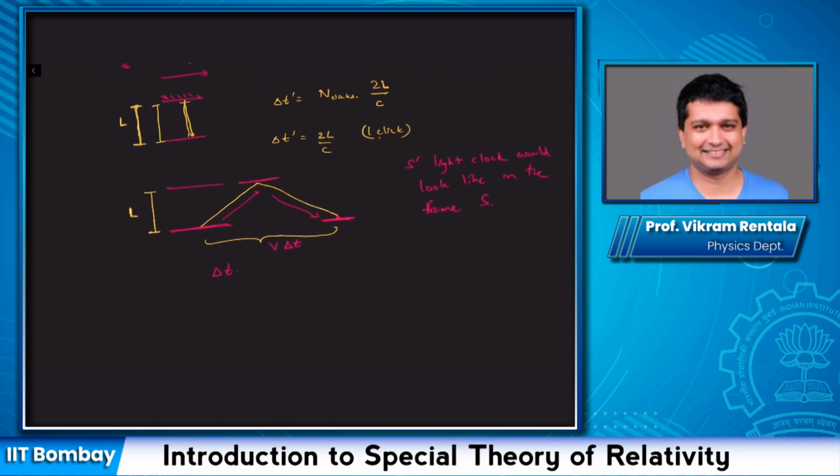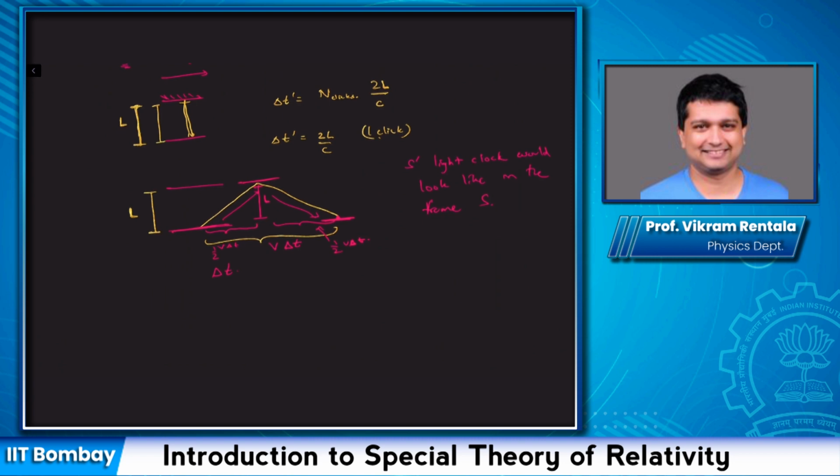Now we know in the perpendicular direction that this length is L, and since the situation is symmetric, this distance is half v delta t, and this distance is also half v delta t.